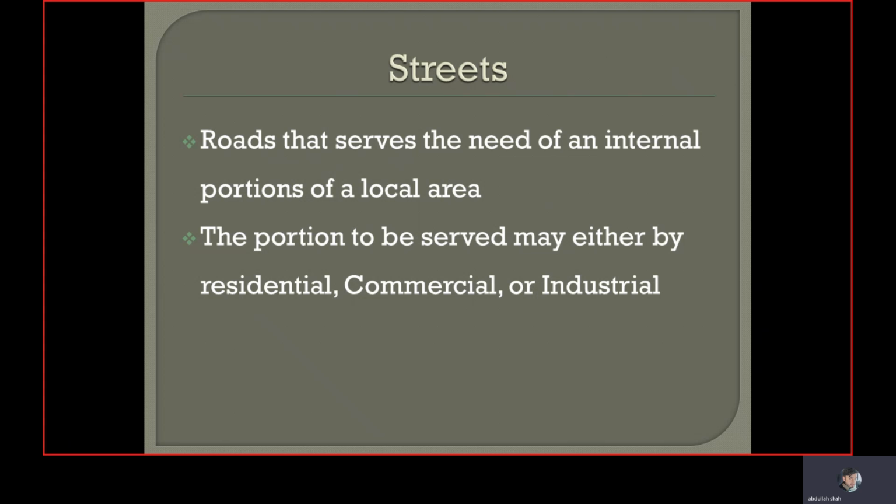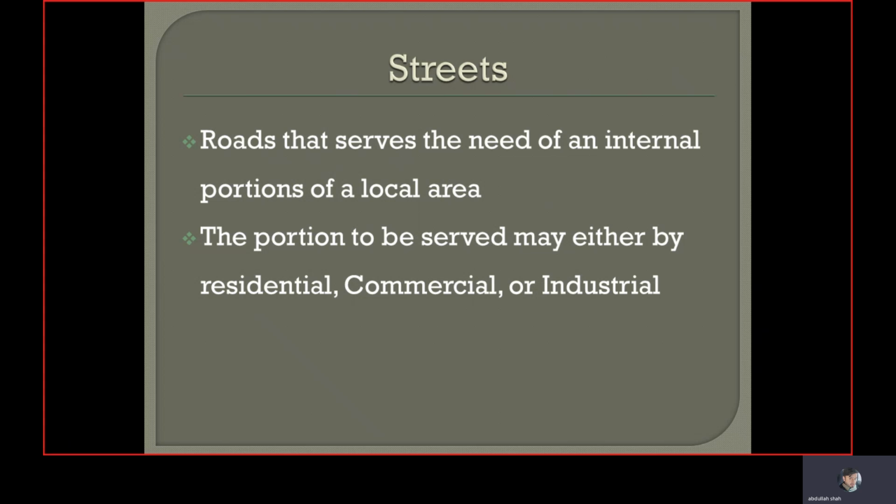What are streets? A road in a city or town, usually with buildings along one or both sides, that connects the internal areas, is called a street. Streets serve different zones such as residential, commercial, or industrial.